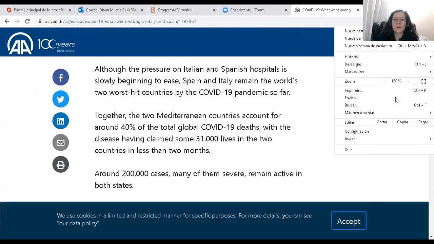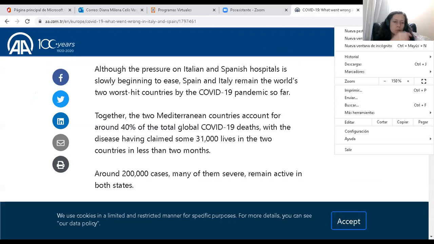Although the pressure on Italian and Spanish hospitals is slowly beginning to ease, Spain and Italy remain the world's two worst hit countries by the COVID-19 pandemic so far.